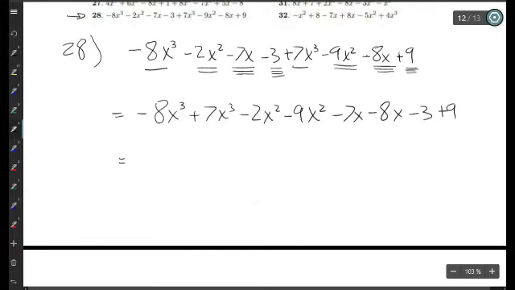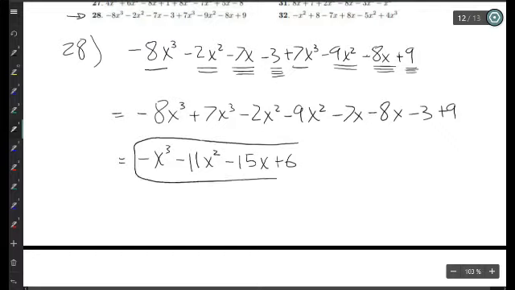And negative 8 plus 7, negative x cubed, negative 2 minus 9, negative 11x squared, negative 7 minus 8, negative 15x, negative 3 plus 9, plus 6. And everything's in descending order from our grouping operations.